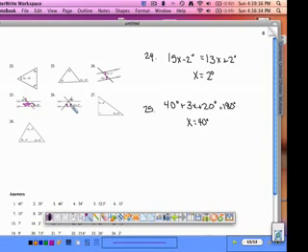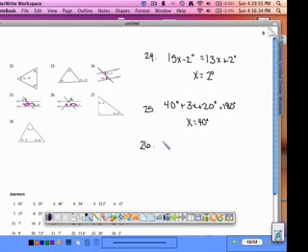So that means this one is 45 degrees, and this angle, the other base angle of the triangle, is 45 degrees. 45 degrees and 2x plus 5 degrees form a straight angle pair whose sum is 180.